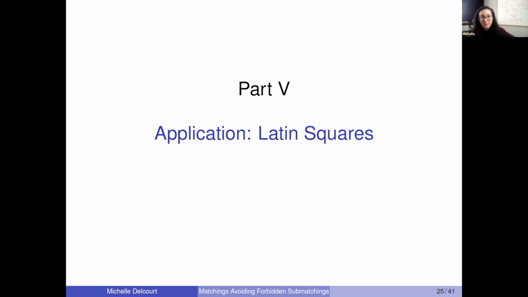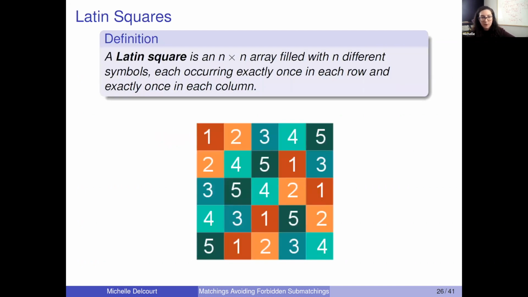So just a couple of applications, and I'm going to go by a bit quickly because we don't have much time left. For instance, in one area there have been a number of questions asked about the so-called high girth version of Latin squares, and you may well ask, what does it mean to be a high girth Latin square? Well, a Latin square is an n by n array with n different symbols, each occurring exactly once in each row and each column.